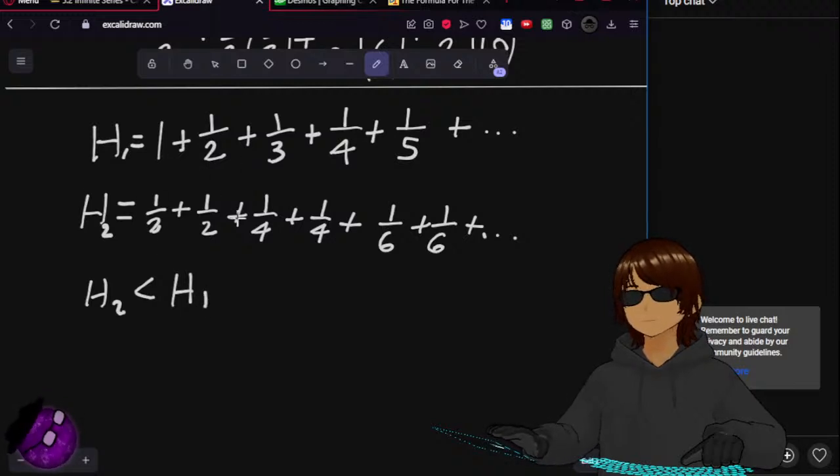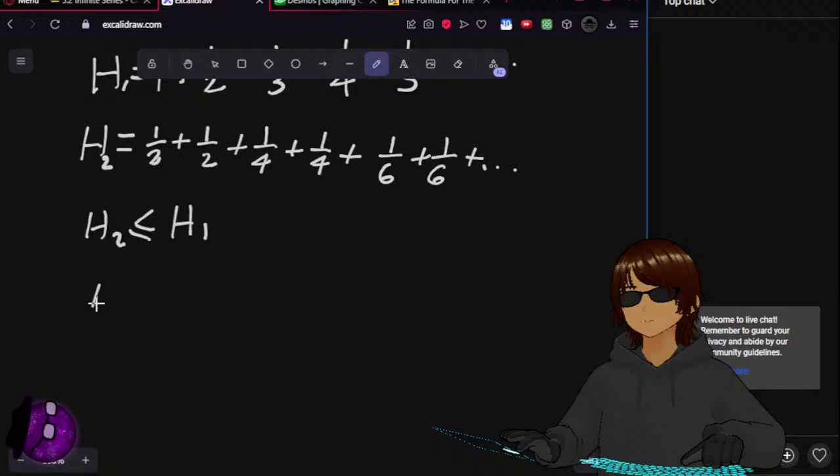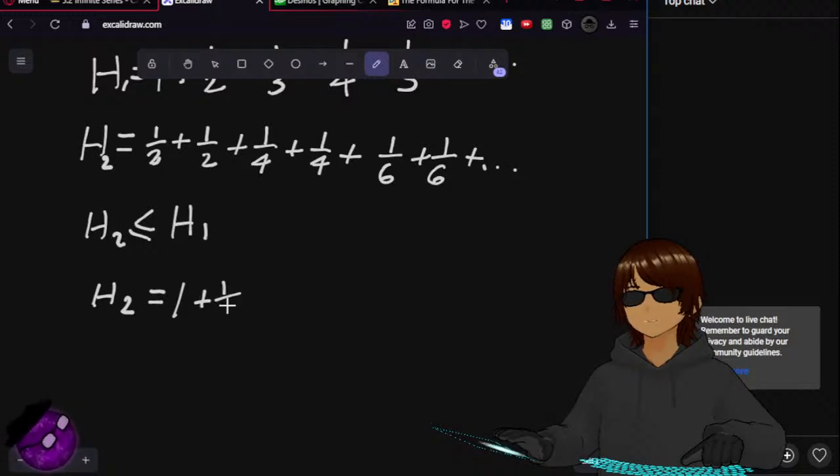Or if somehow both their series converge, let's just start this. So now we can write h2 as 1 plus half plus 1/3 plus, and the next one would be 1/8 plus 1/8.